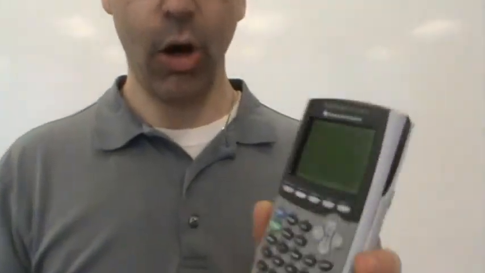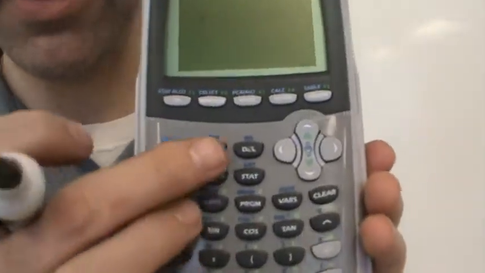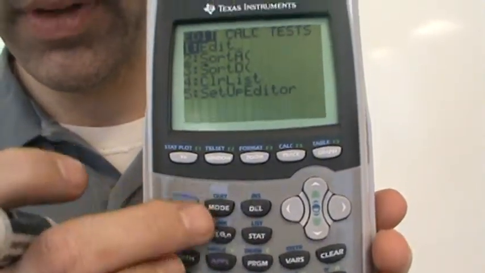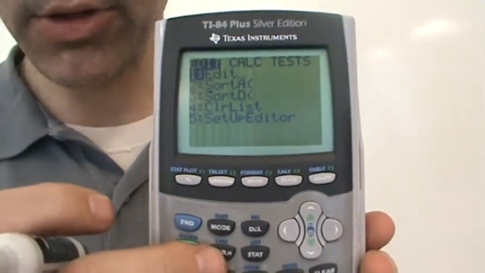Okay, so here's one way to do it. I'm going to do this on the calculator, and then you're going to see how this works. You're going to get everything you need from the calculator. Now that I've got my lists, I'm going to quit out of here, go to Stat, Tests, and do the last one, ANOVA.